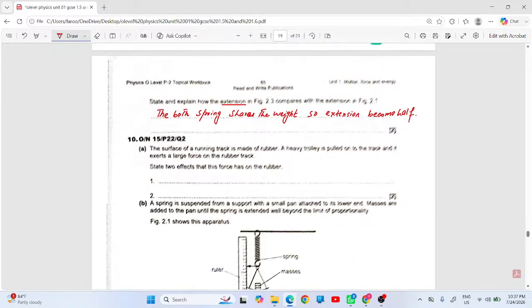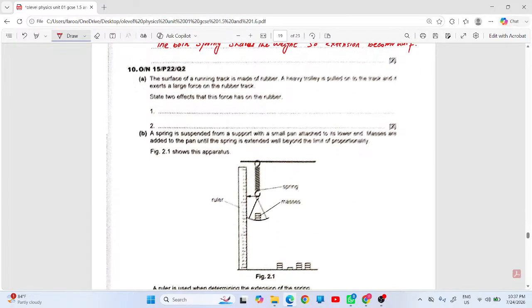Next is the surface, and it exerts a large force on the rubber track. Exert a large force to affect that.